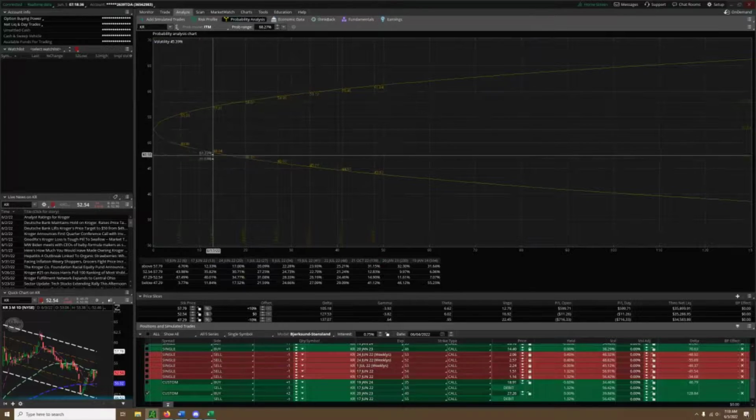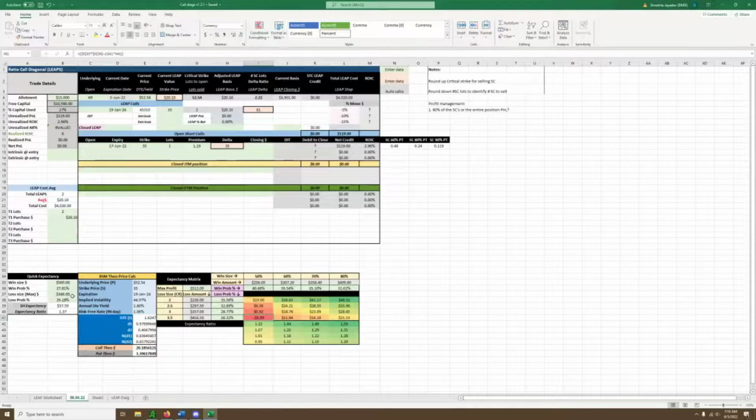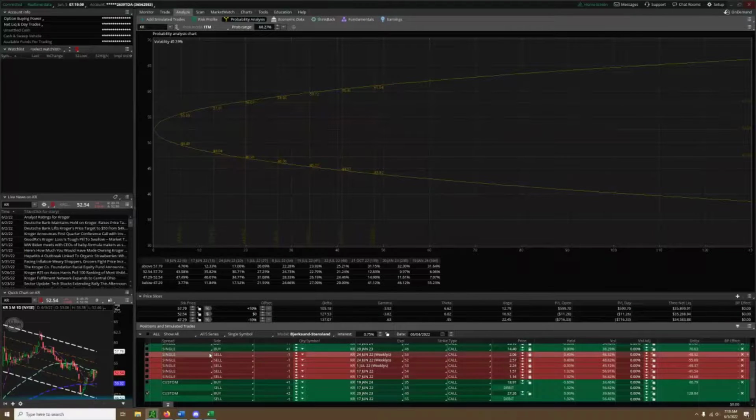But I think I figured it out now. My expiration is 17 June. So I look at the probability of the short strike being in the money at 55. It's 27%. Then I feed that back into my expectancy here, and it spits out a number. I guess it makes sense. You just have to practice it a little bit.